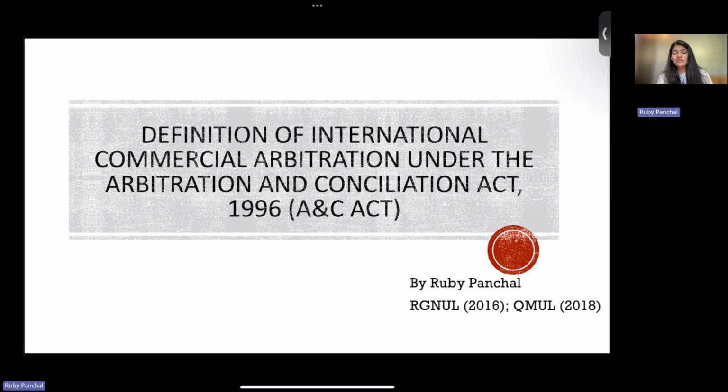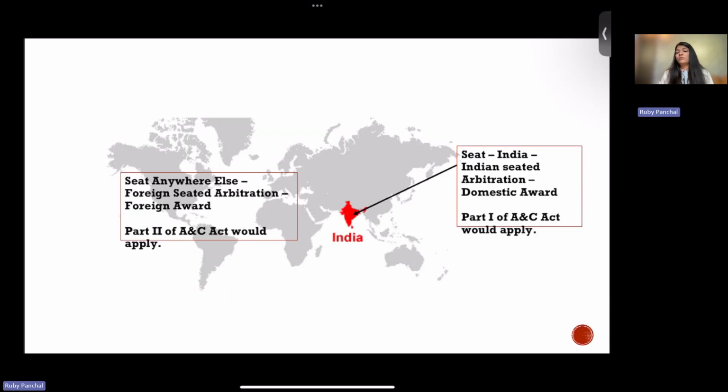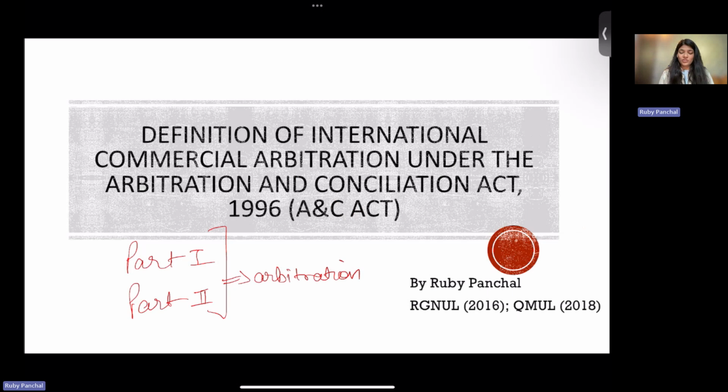So when we look at the A&C Act, there are two parts, Part 1 and Part 2, which essentially talk about arbitration. Now, a simple thumb rule to understand to which arbitrations Part 1 would apply and to which arbitrations Part 2 would apply can be figuring out the seat of the arbitration.